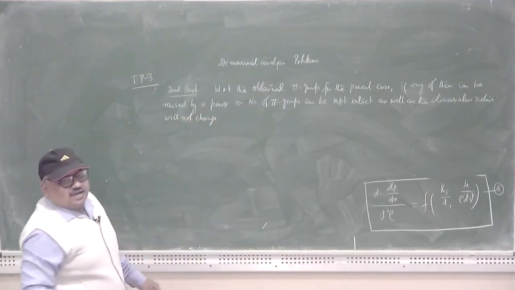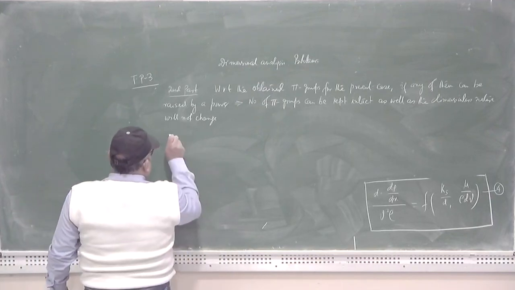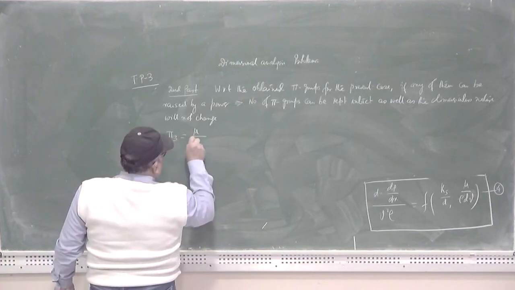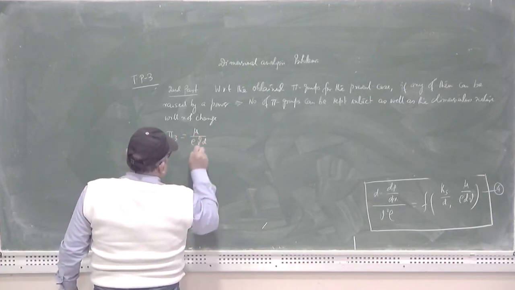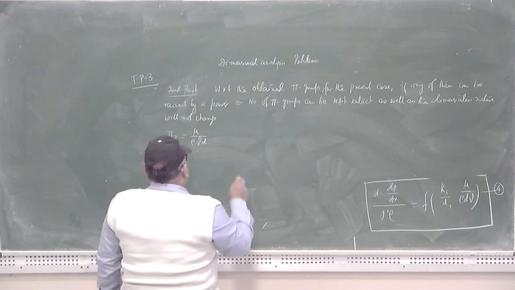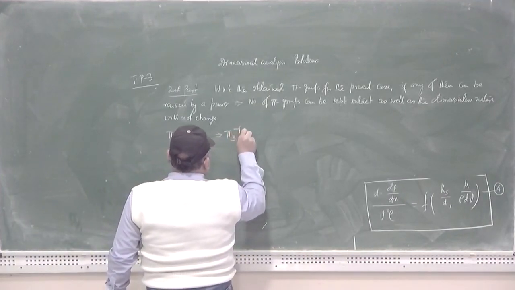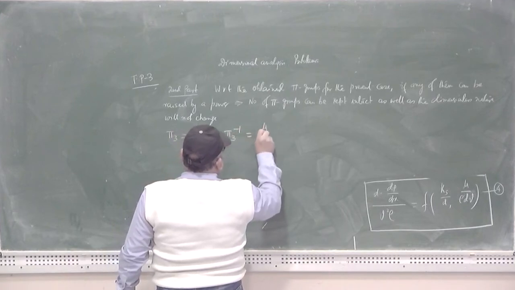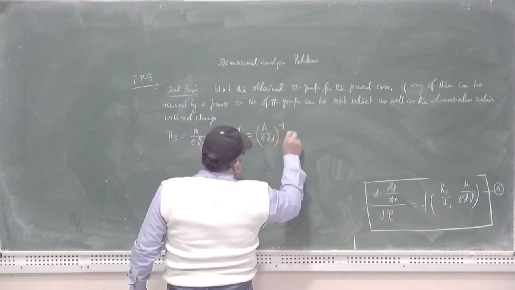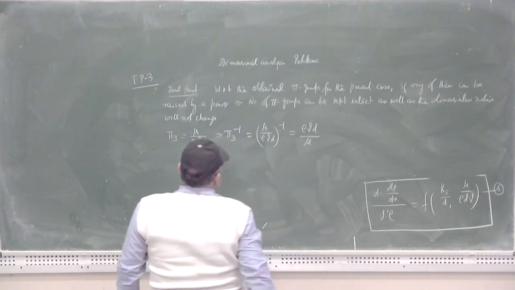So, taking the third pi group into consideration, pi 3 is equal to mu divided by rho v d. So, we can write pi 3 raised to the power minus 1 is equal to mu divided by rho v d raised to the power minus 1, that may be written as rho v d divided by mu, is it not?